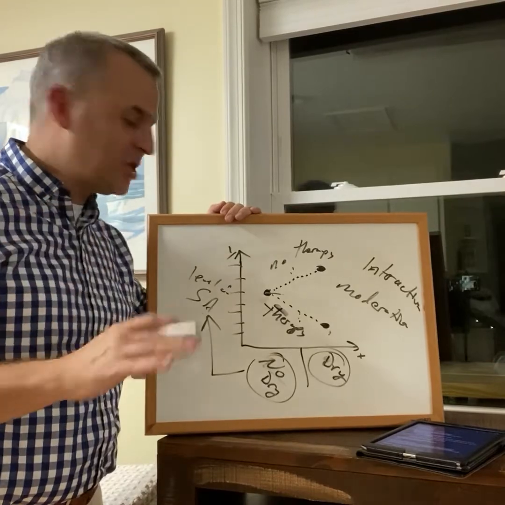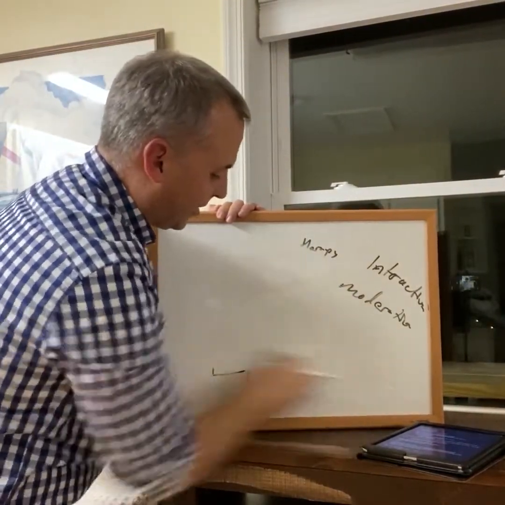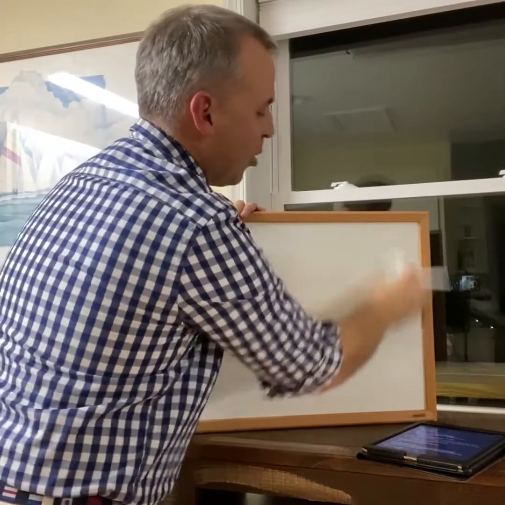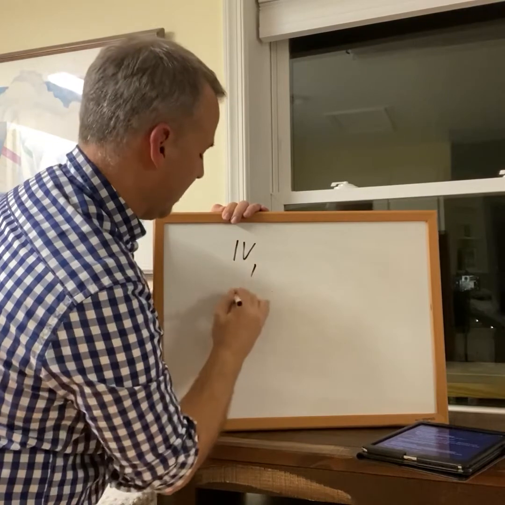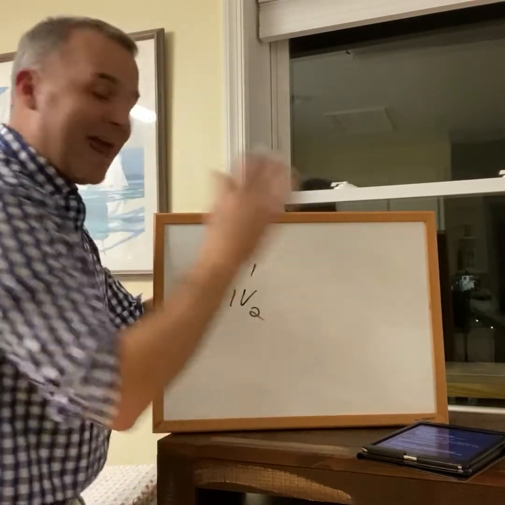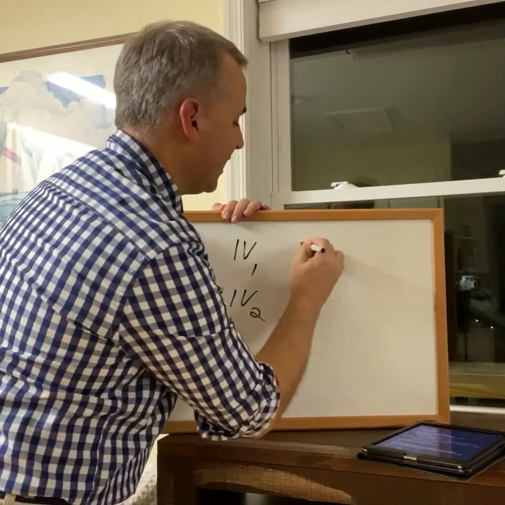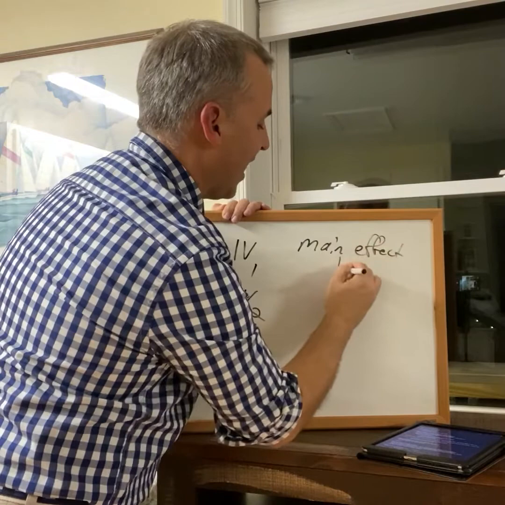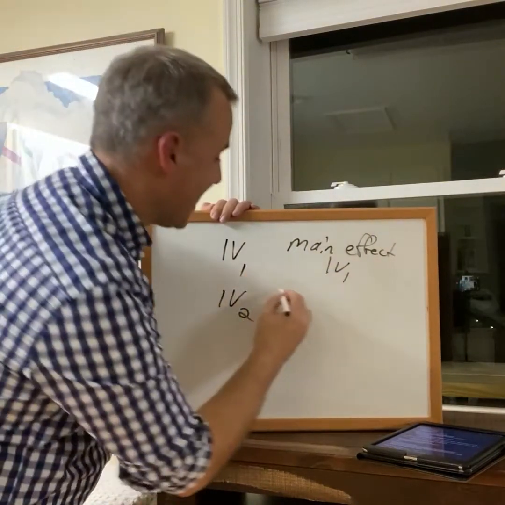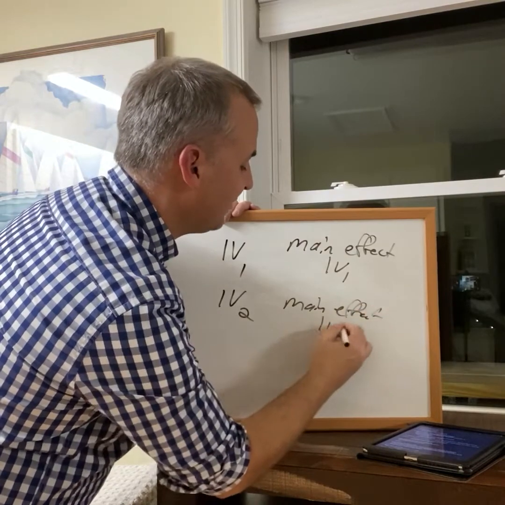And what I really want you to get out of this is that there are three effects that I need to consider. Let me go back to my factorial design: I have IV1 and IV2, and I'm interested in three effects when I have two IVs. One is the main effect of IV1. The next is the main effect of IV2.